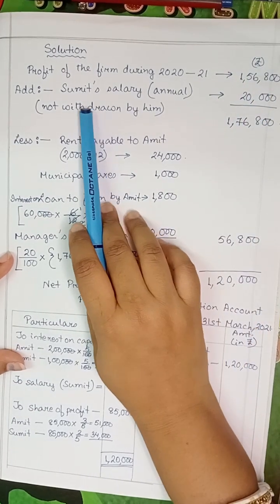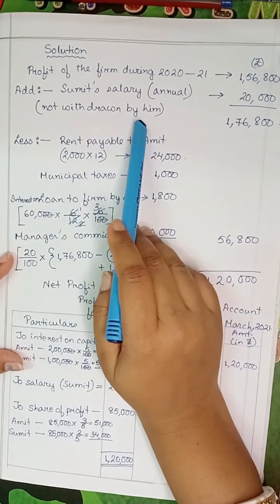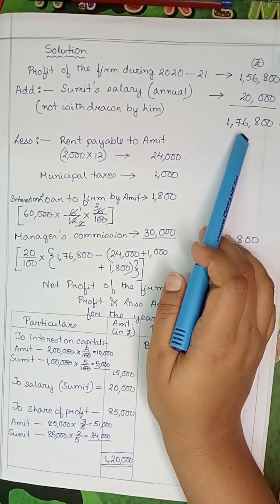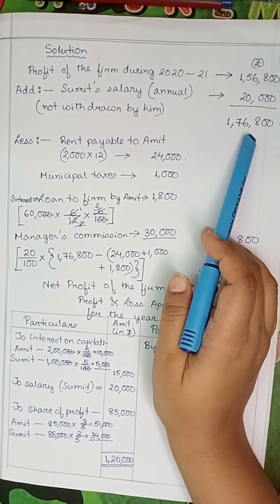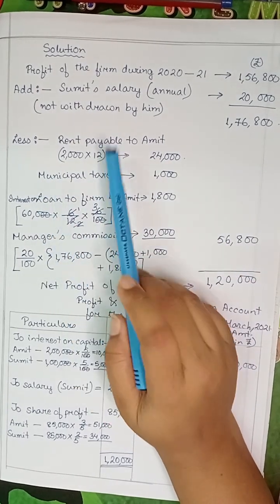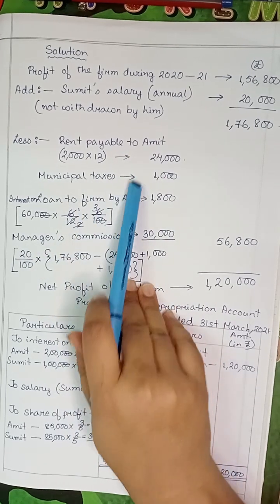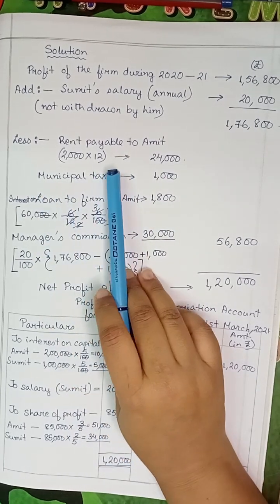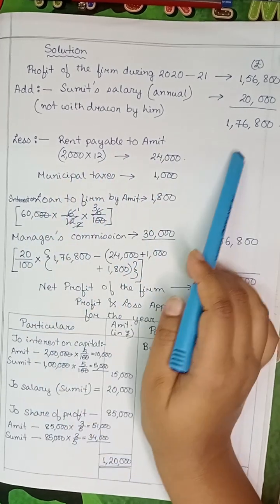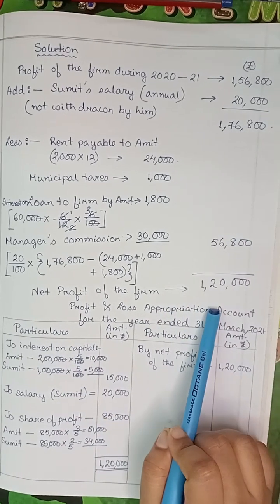Sumit's salary was deducted from this profit, so that is to be added back. 1,76,800 is the profit. Since rent, municipal tax, interest on loan and manager's commission are not to be written in the profit and loss appropriation account, these expenses are to be deducted from this profit to arrive at the net profit.